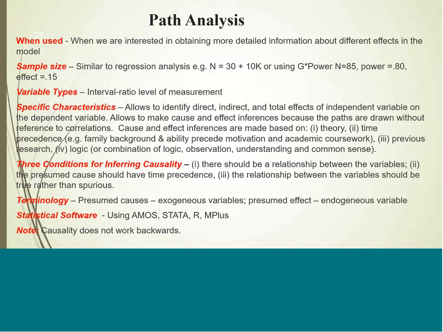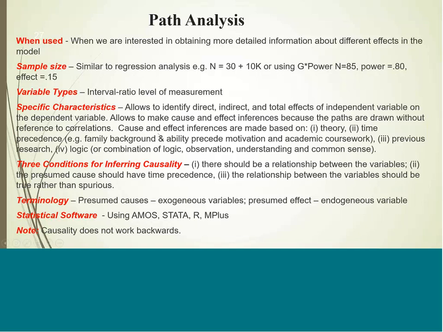In quantitative research, we do slightly change some terminology. For instance, in non-experimental research, we use predictors and outcome or criterion variables. In experimental research, we use independent and dependent variables. Now, in path analysis and all the analyses leading to structural equation modeling, we use exogenous variables, which are presumed causes.